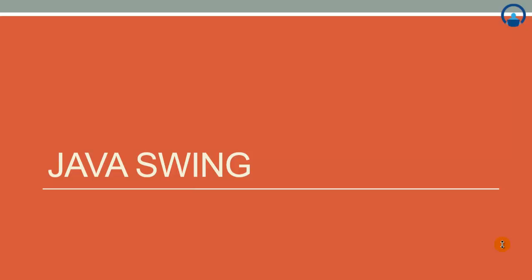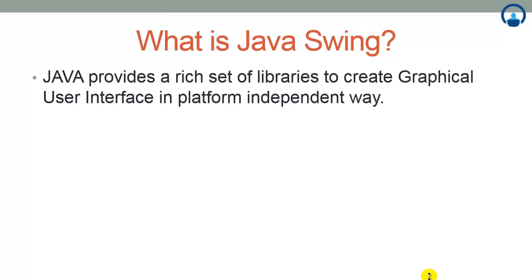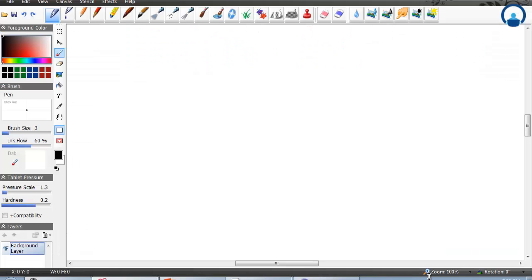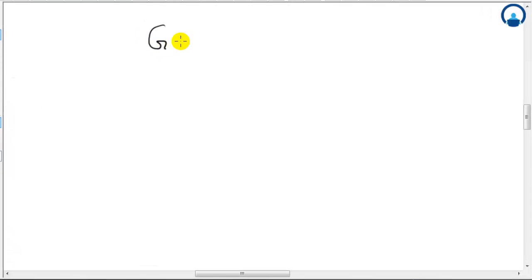So moving on. What is Java Swing? Java provides a rich set of libraries to create graphical user interface in a platform independent way. I guess you all know what a graphical user interface or a GUI is. Your Windows is like a GUI.